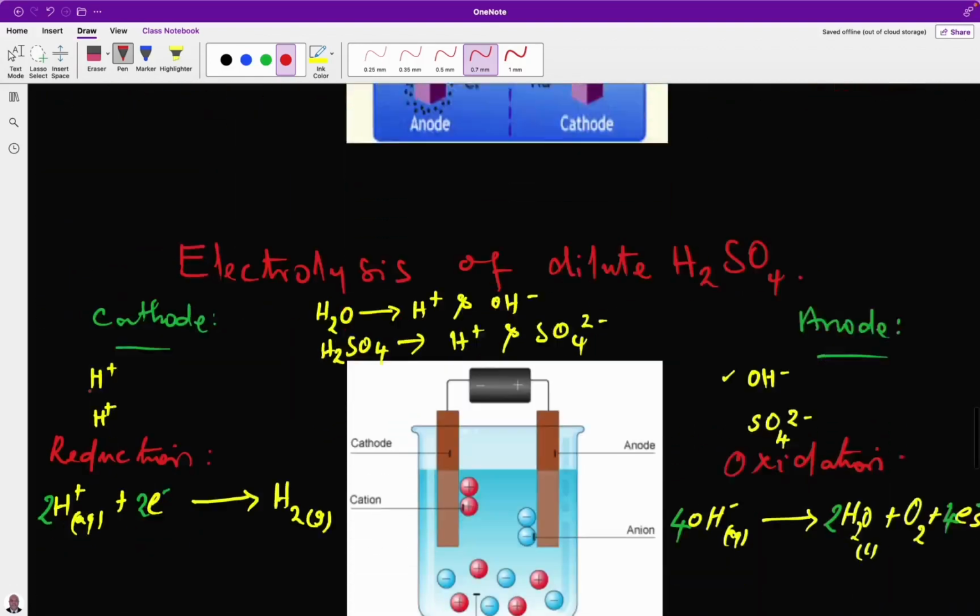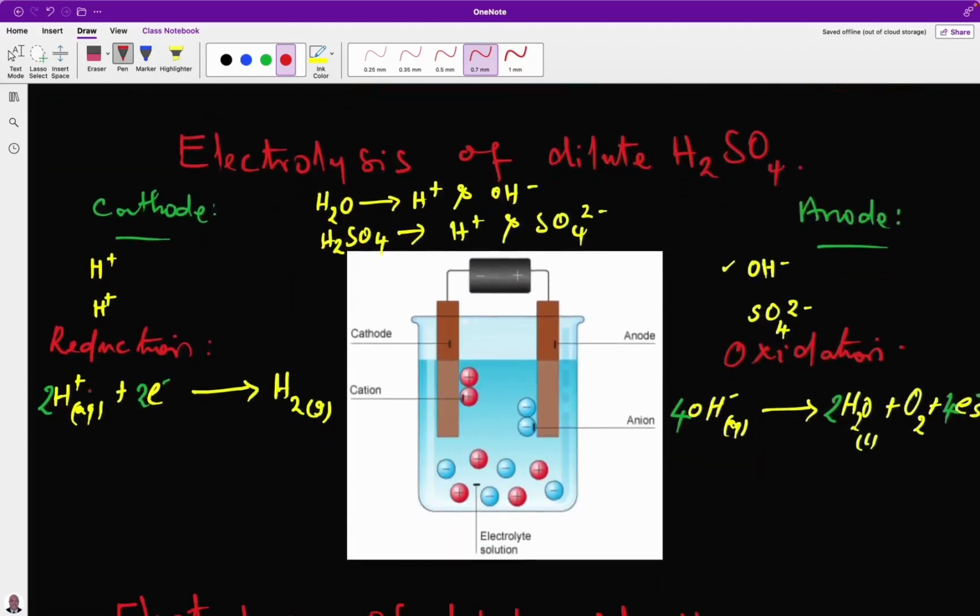Then we went further to the electrolysis of dilute sulfuric acid, and I said when it is dilute or aqueous, water has two ions, the hydrogen ion and the OH ion, and the sulfuric acid itself has the hydrogen ion and the sulfate ion. Now at the anode we have two ions, the hydroxide ion and the sulfate ion.